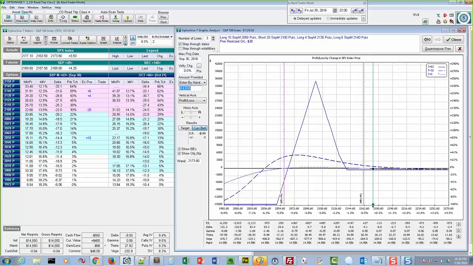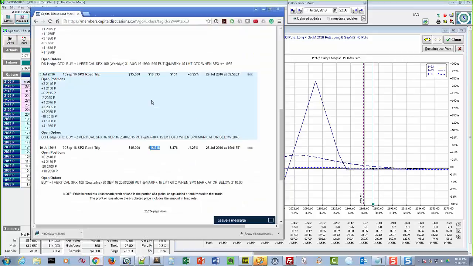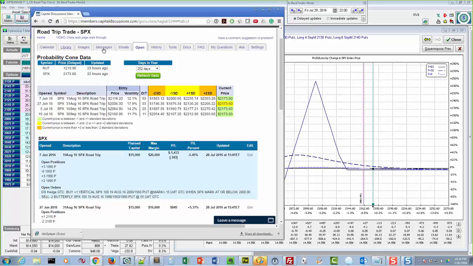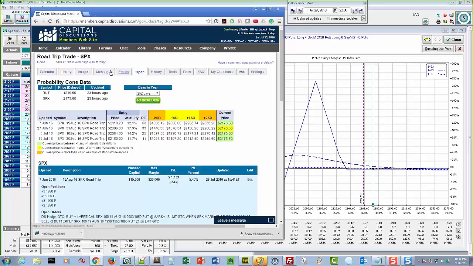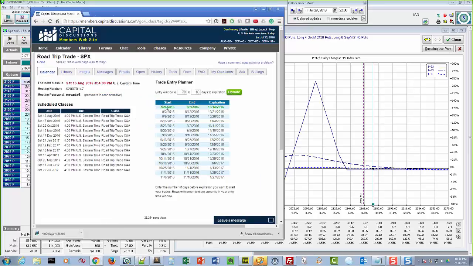As far as the next one, I think we're seeing this. Oh, it's on the calendar. We're in our window for the 14 October expiration. What are your plans? Is that the next cycle you're going to put on, Dan? I'm either going to do the 14 or the 21.